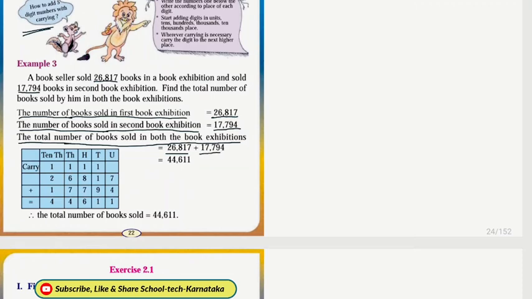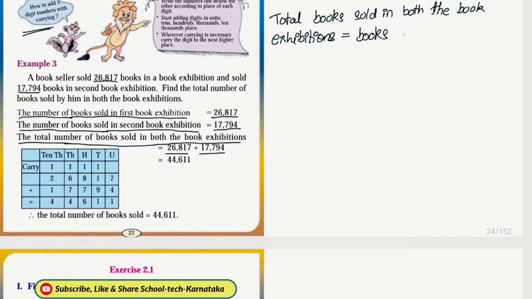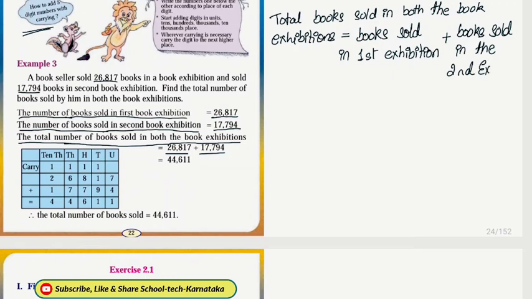The total number of books sold in the book exhibition is 26,817 plus 17,794. That is, the total books sold in both the book exhibitions is equal to books sold in first exhibition plus the books sold in the second exhibition.